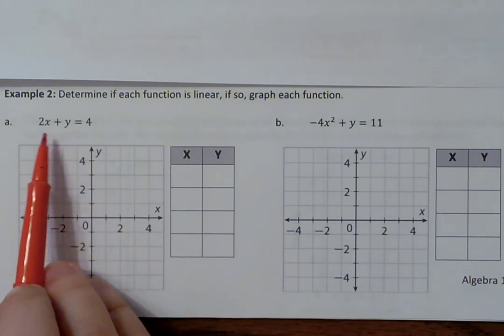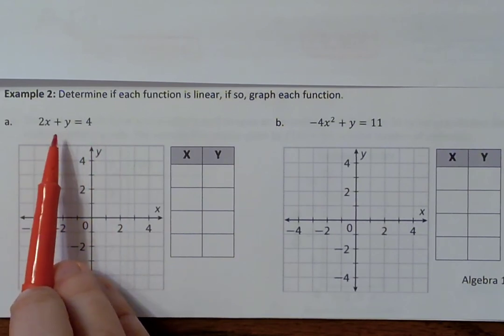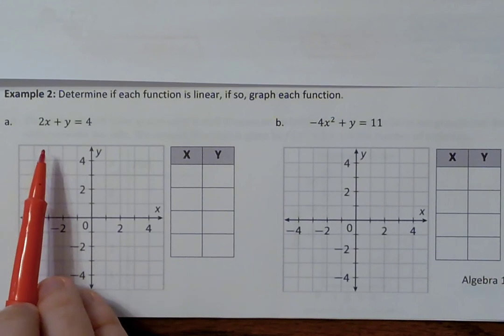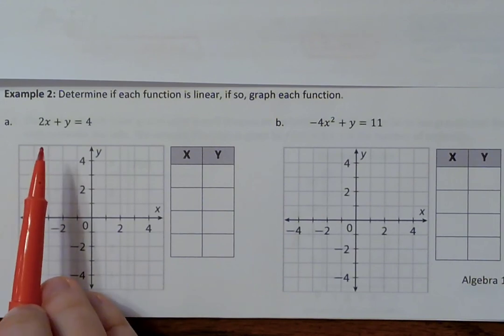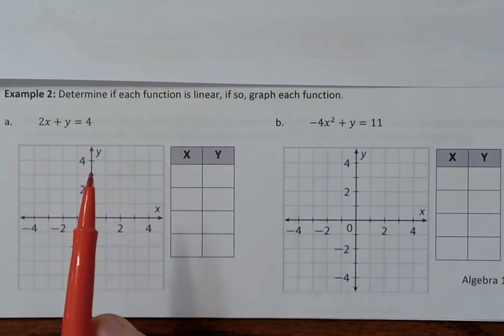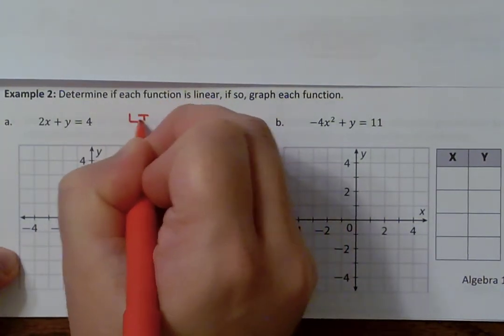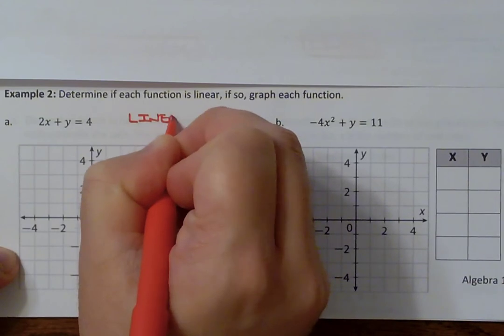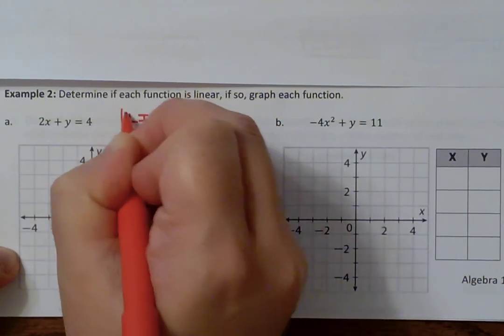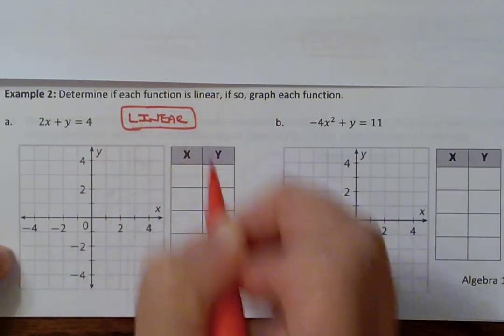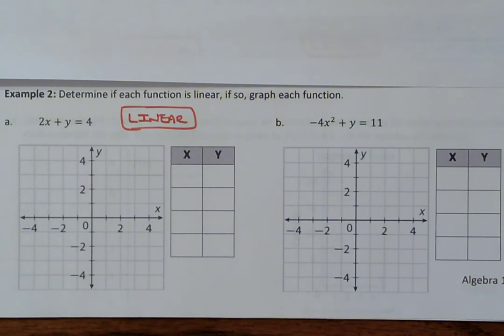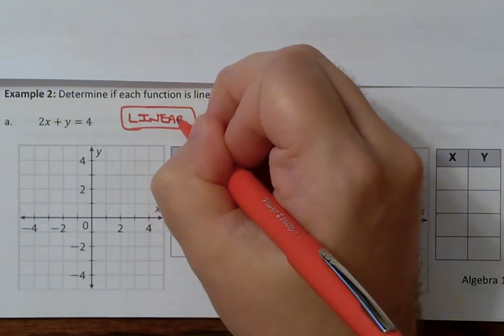X and y, do they have an exponent? They do not, so that passes. And then x and y, are they on the bottom part of a fraction? They are not. That means that this is a linear function. And because I have said it is linear, we do need to go through and graph it. If I said it was not linear, then I wouldn't have to graph it.